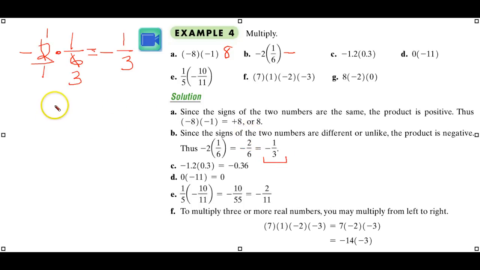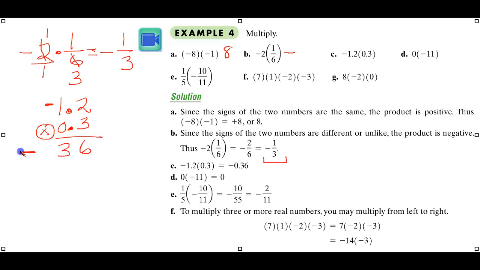Now for something like this, 1.2 times 0.3, and our value here is negative, so our answer will be negative. And we go 3 times 2 is 6. 3 times -1, in a sense, this whole thing is going to be negative, is going to be 3.